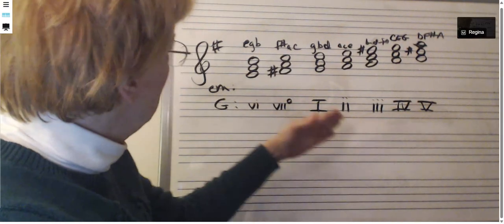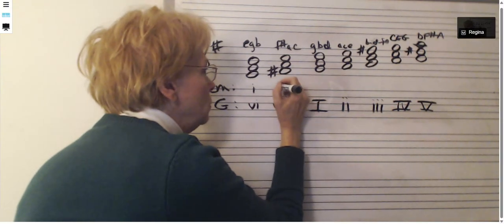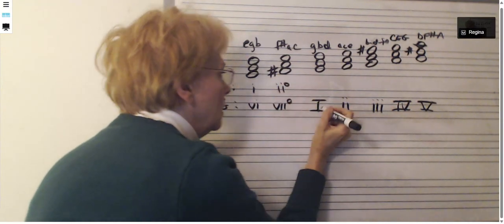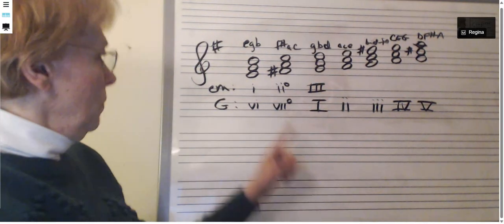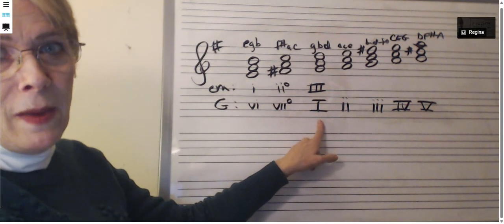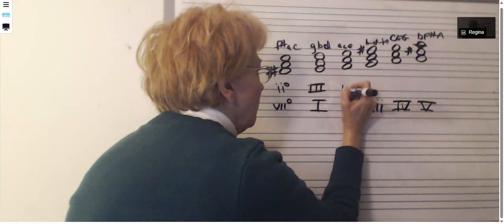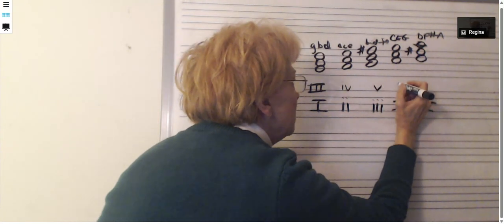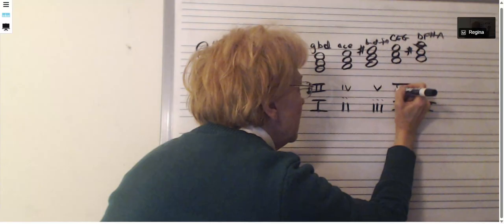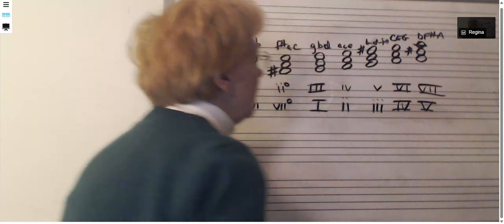Now all we have to do is turn those into E minor: 1 minor, 2 diminished, 3. See how easy it is if you already know whether it's major or minor, just to copy it up. And then here we have a 4 and a 5 and a 6 and a 7.